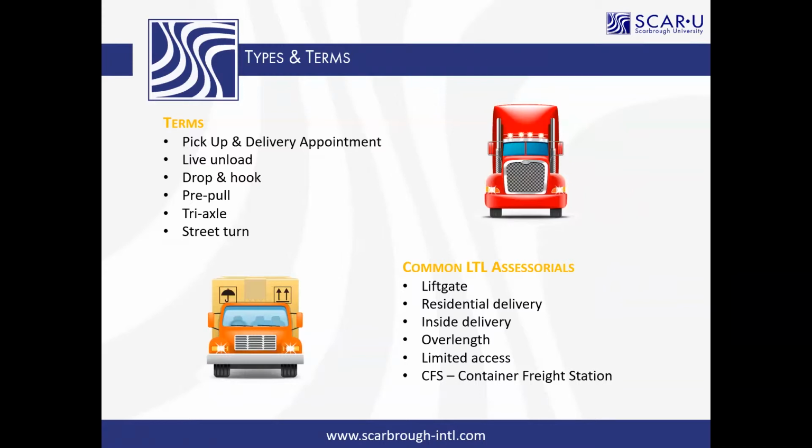We can request a street turn from the steamship lines, meaning we can reuse an import container for an export. So there is a procedure to get a street turn done. Basically, the steamship line is the final party in the process that approves the street turn.